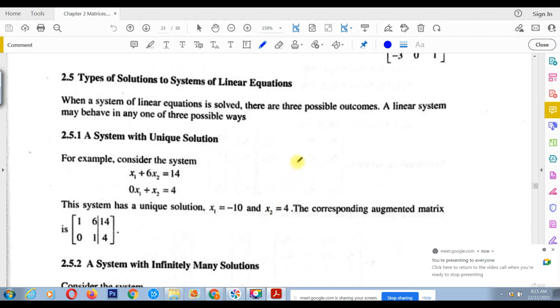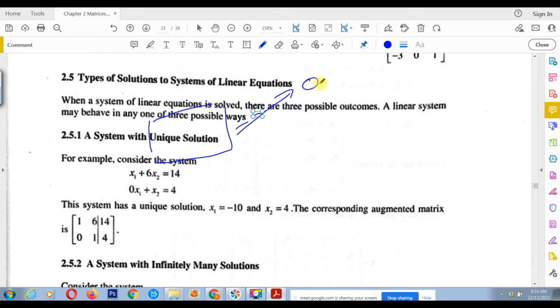So we will go to system of equations. We need to find the solution for the system of equations. When we deal with a system of equations, we will have a type of solution which we call a unique solution. Unique means we have only one solution.